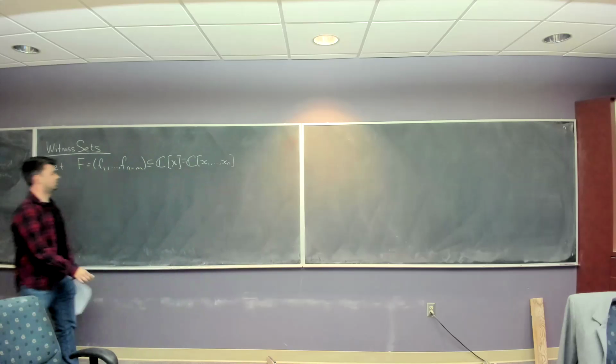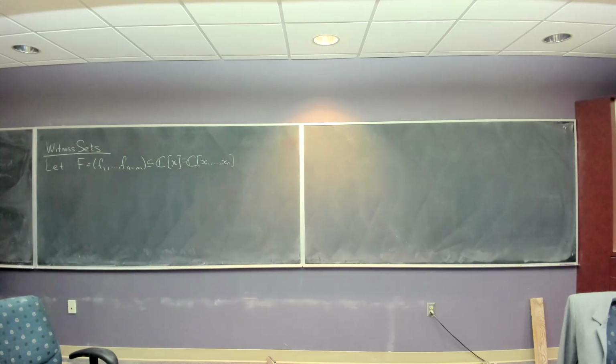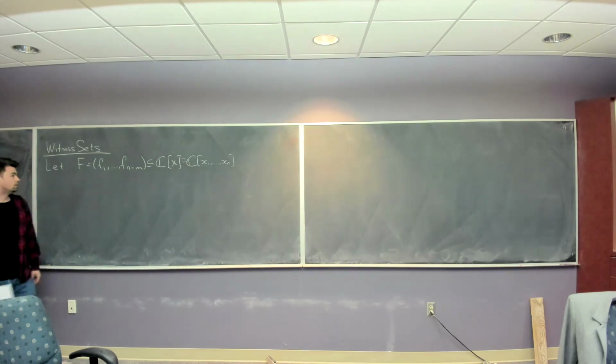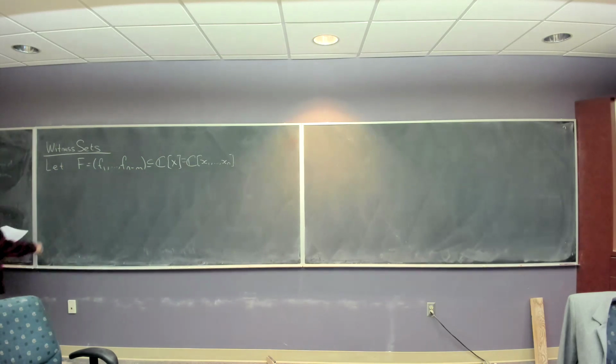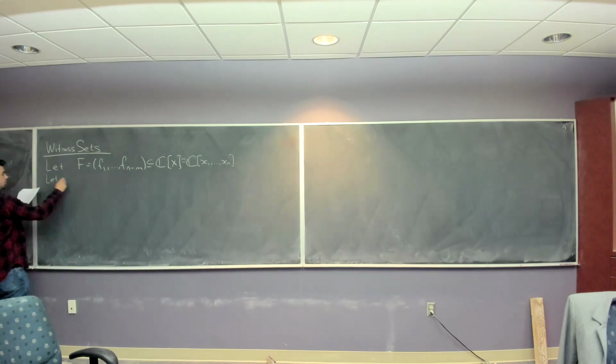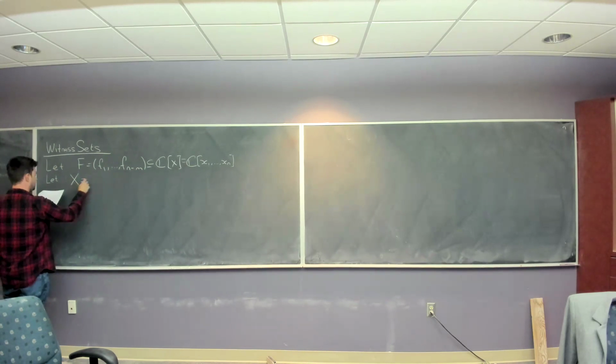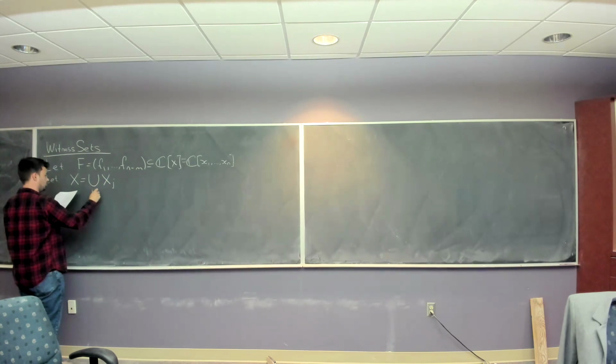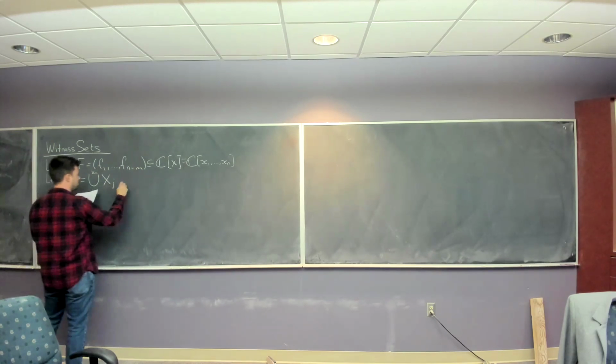In other words, we're some underdetermined system as measured by m. Okay, so we're going to let x be, well, first of all, it's going to be some union of x_k, k from 1 to kn.